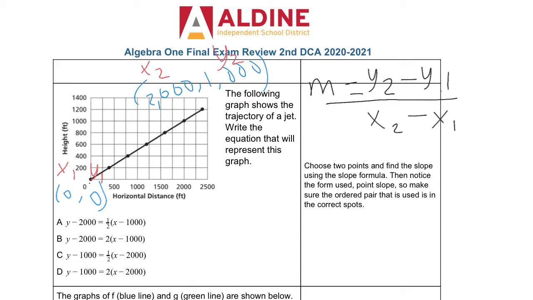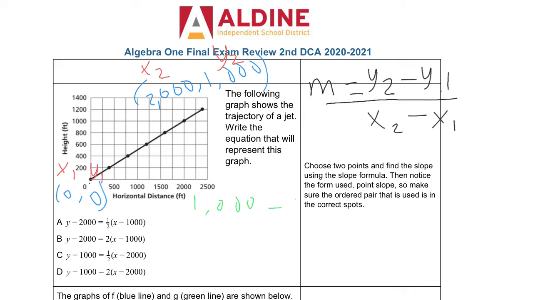So now that I labeled my points, now I know what to work with in this formula right here. So now I know what number goes for y2, I know what number goes for y1, and so on. So let's plug that in. Well, y2 is 1,000 over, oh, sorry, before we do that, minus, what's y1?